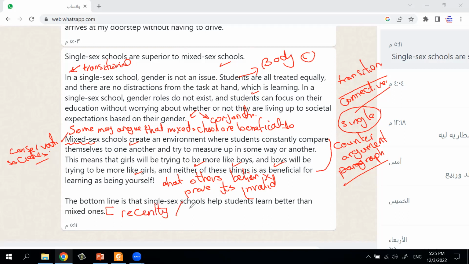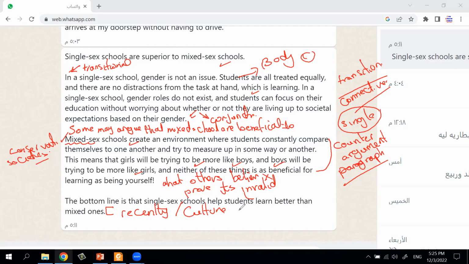Okay. And you mentioned that there is a new culture of separating girls and boys, males and females, or the culture of separate education appeared recently. Okay, this is general. Until now, you didn't refer to single-sex schools or mixed ones.